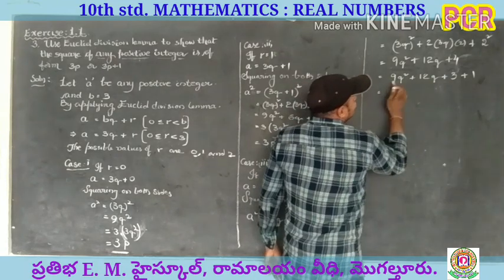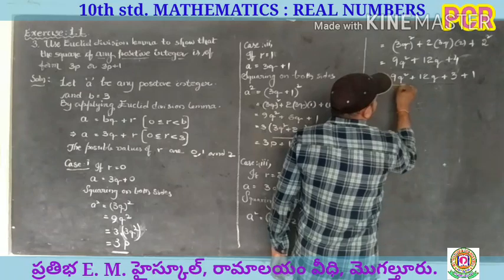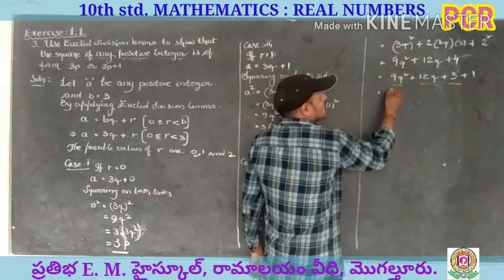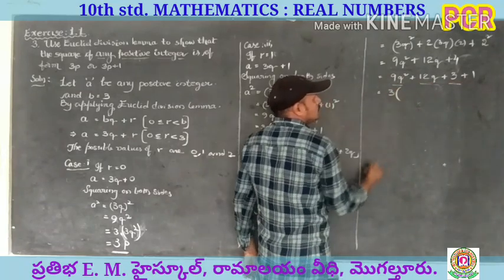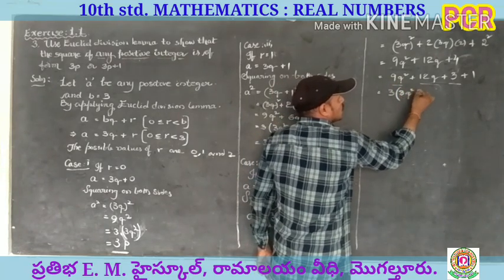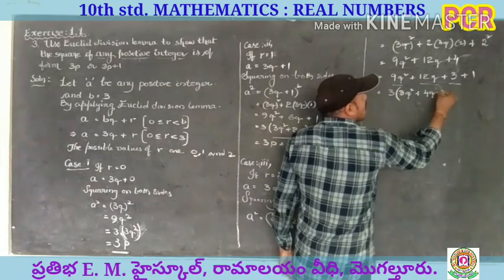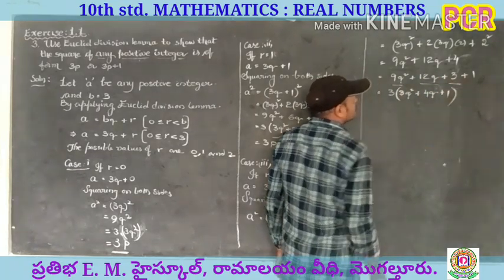So we can take 3 as a common factor. In 9, 3 times, so 3q square. Here 12, 4 times, 4q, plus here 1 time.